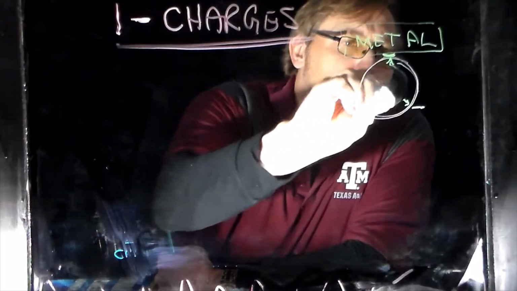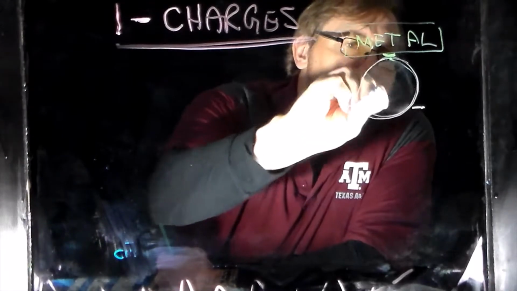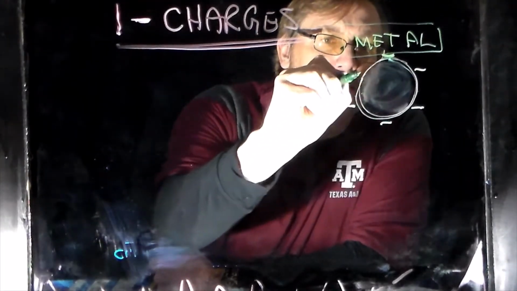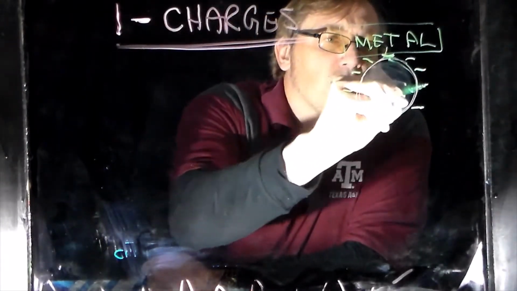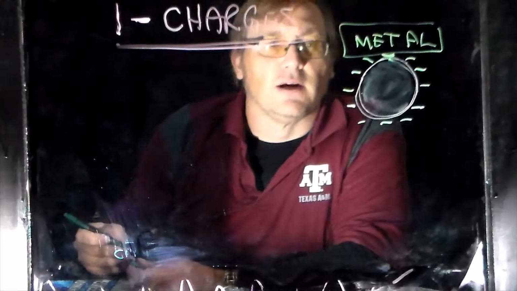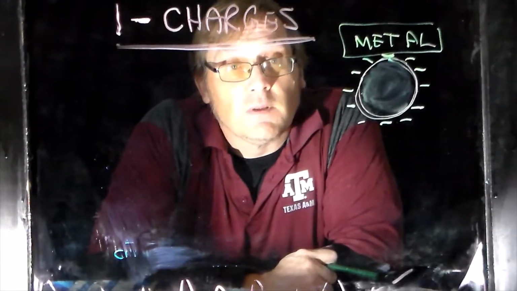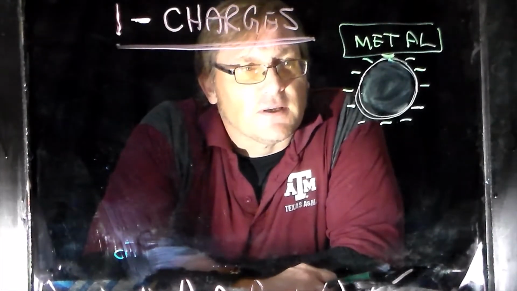That's completely true all the time, so that if this guy is charged up, then all of the charges will end up on the edge here, and they'll be equally spaced all around the border, the surface of this metal sphere. So that's where the charges go, at least in a metal sphere, and that's probably sufficient for us.